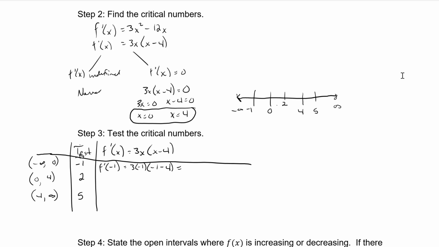Taking it piece by piece, 3 itself is positive, so we have a positive number times negative 1, which is a negative number, times negative 1 minus 4, which is still negative. Positive times a negative is negative, times another negative makes that positive. So this is going to be greater than 0. What does that imply? That implies that f is increasing.